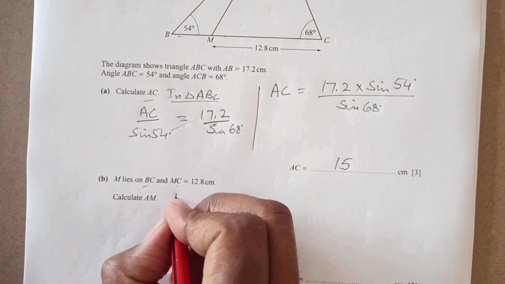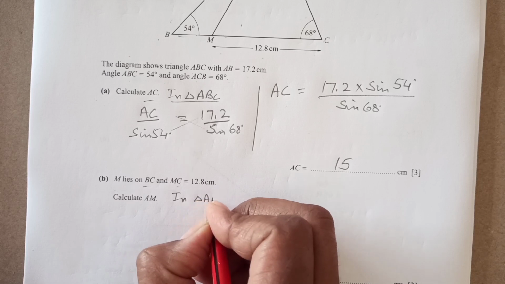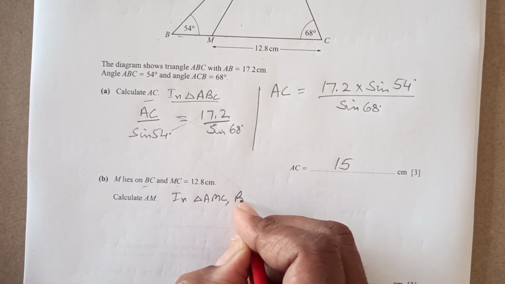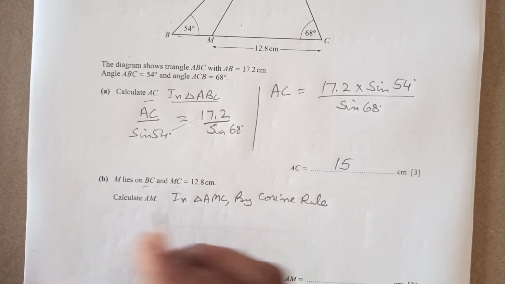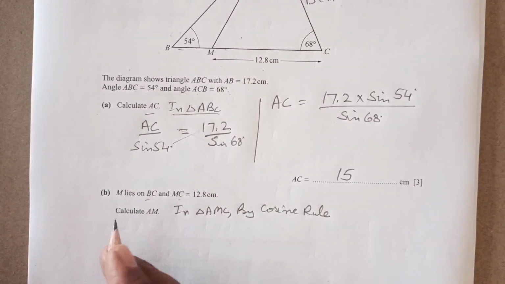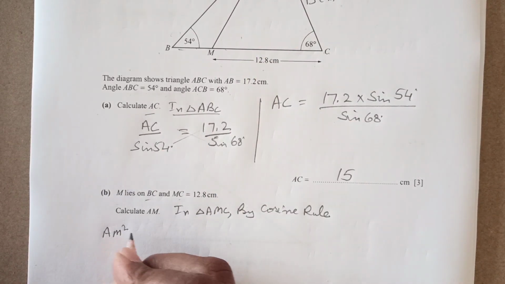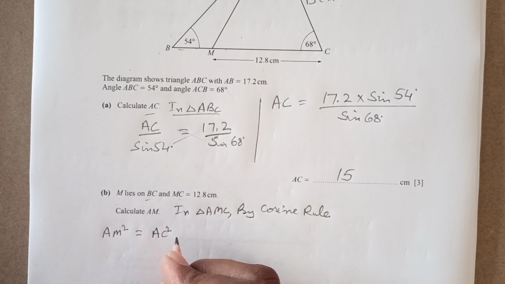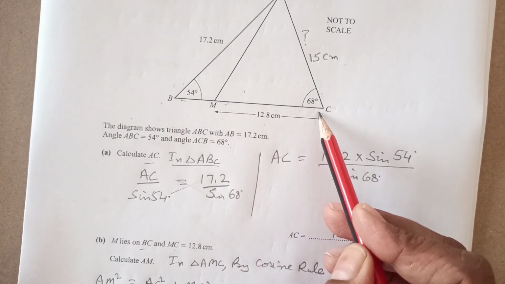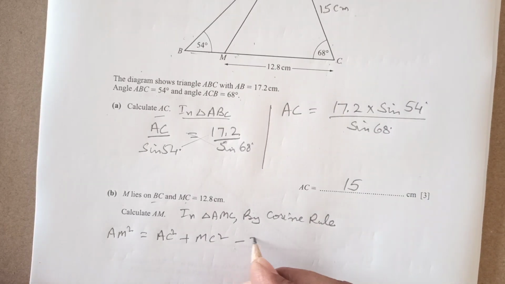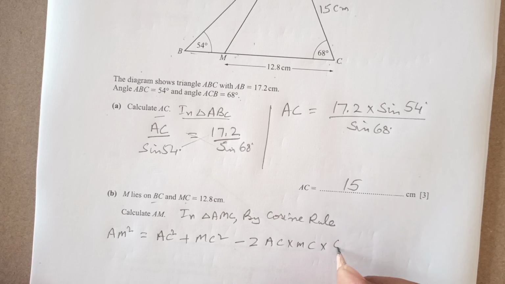So in triangle AMC by cosine rule, we will take AM squared. AM squared is equal to AC squared plus MC squared, and the angle included between them, minus 2 times AC times MC times cos 68, right?